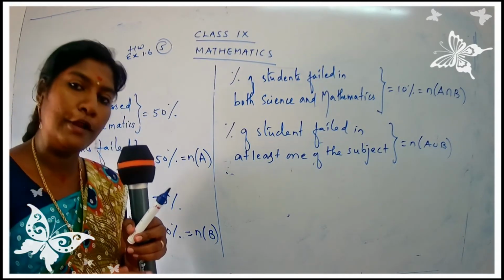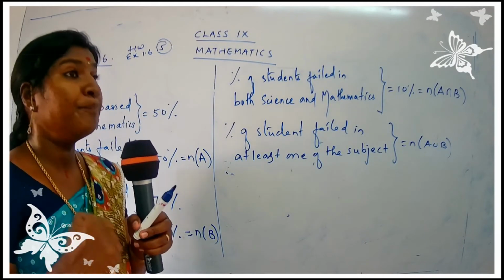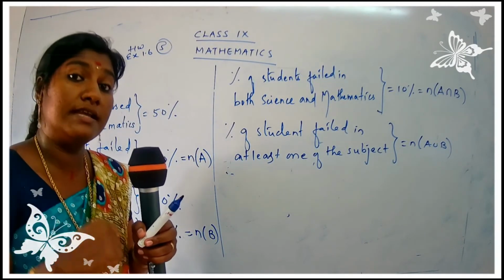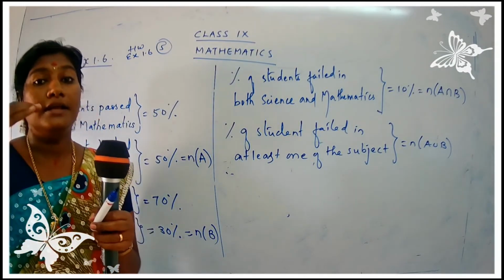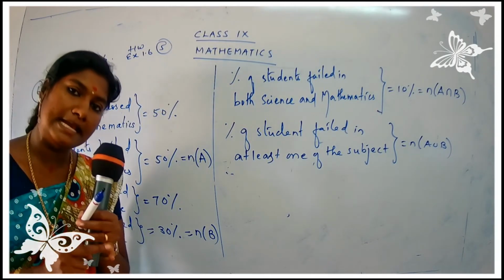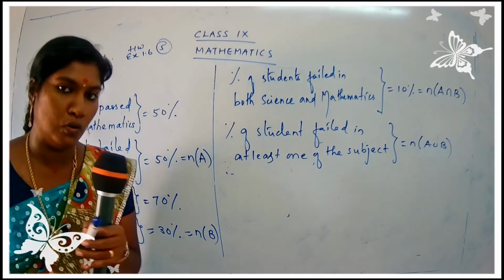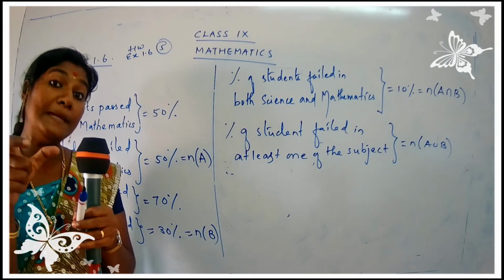I can get 5 rupees, 6 rupees, 7 rupees. Or you can say that a boy wants at least 10 pens. The minimum number of pens he should get is 10. He can get 10, 11, 12, but he should not go below 10. So at least gives you the information of the minimum number.